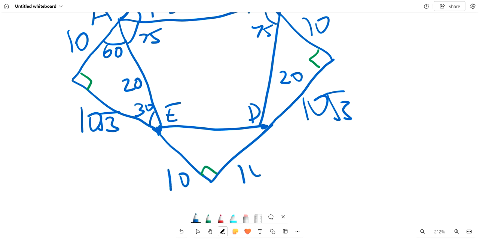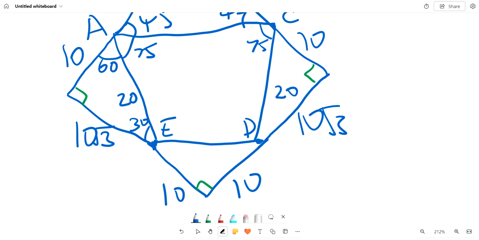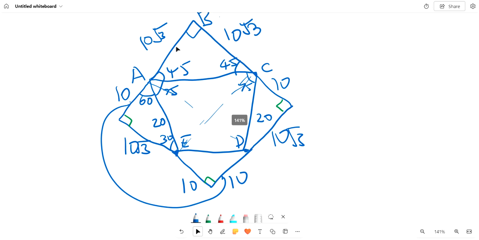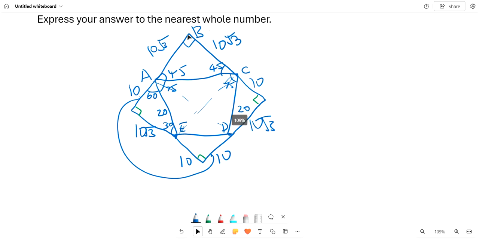And we know this is 10 and this is 10 because we're pretty much just sliding over this part and bringing this part over here. Or a better explanation would be that because it's a rectangle, this side over here is equal to this side over here, and we already know this is 10 root 3, so this will be 10, and same logic for the other side.